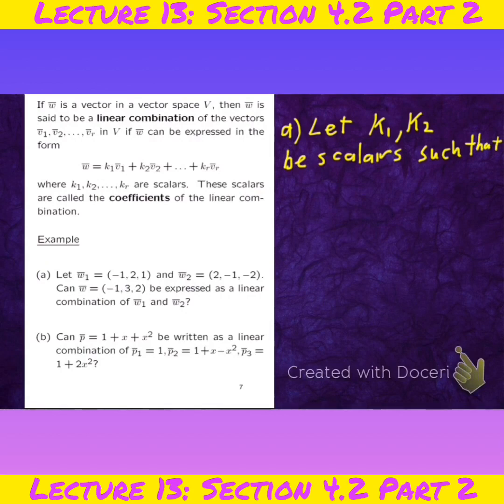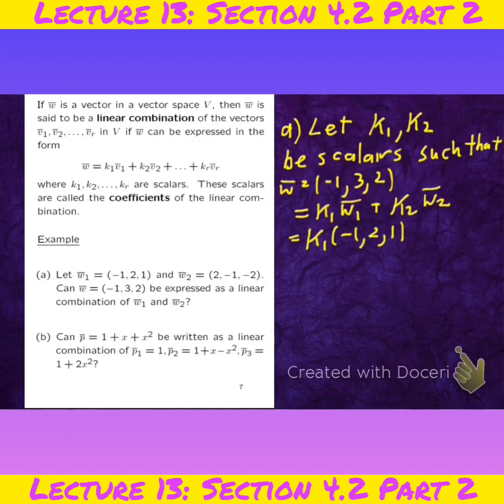we can express W, which is (-1, 3, 2), as scalar multiples of the vectors W1 plus W2. Okay, so that needs to be K1(-1, 2, 1) plus K2(2, -1, -2).